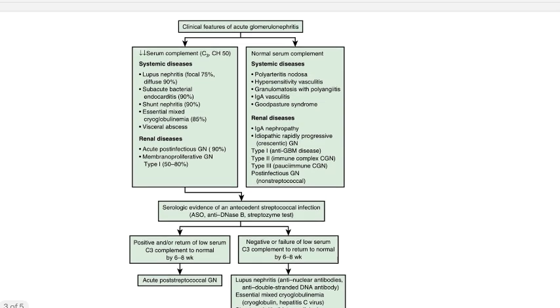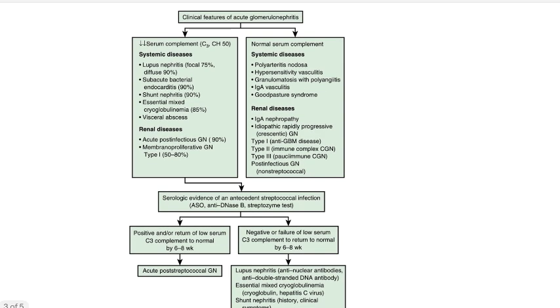If we look at serum complement, which is C3 and CH50, we will mainly focus on whether C3 and CH50 are decreased. In which conditions can these complements be decreased? First, in renal disease, acute post-infectious PSGN, seen in 90% of cases.